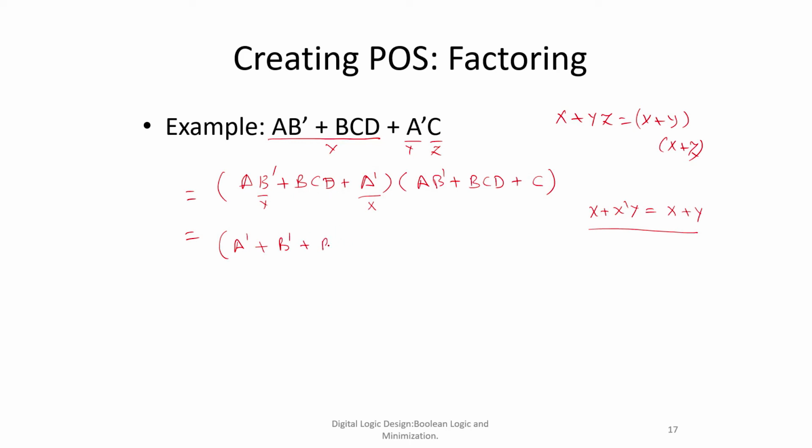So plus term does not have any impact on this addition. This will become like this. Okay, now we can do more simplification later, but let's first focus on this particular product term, sum term, sorry.